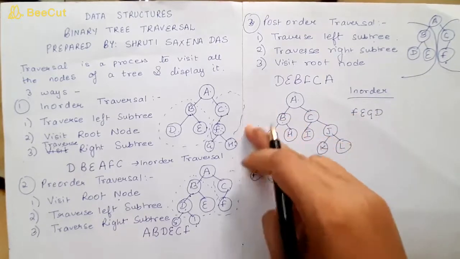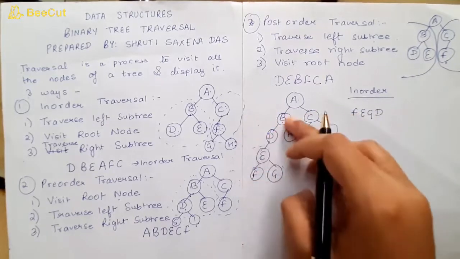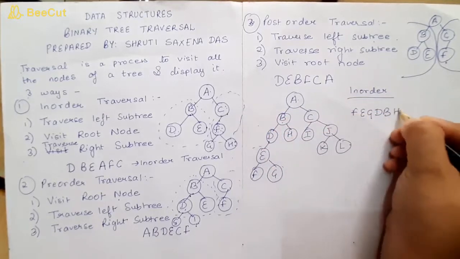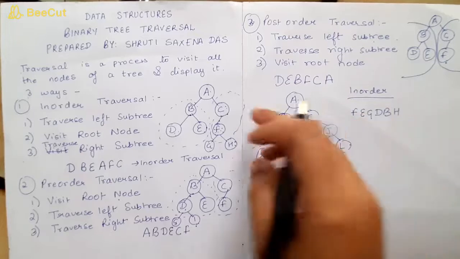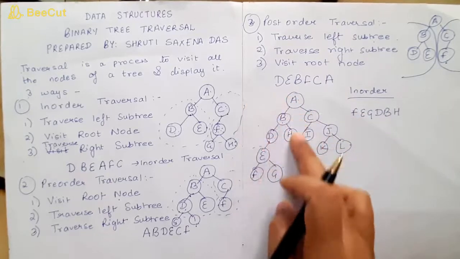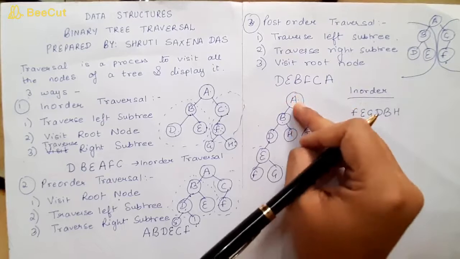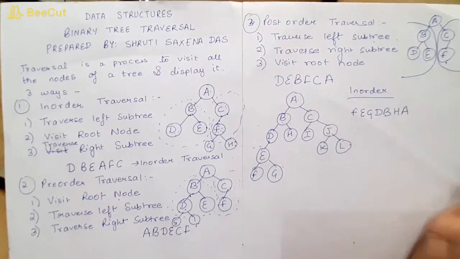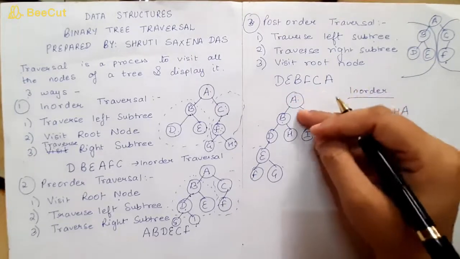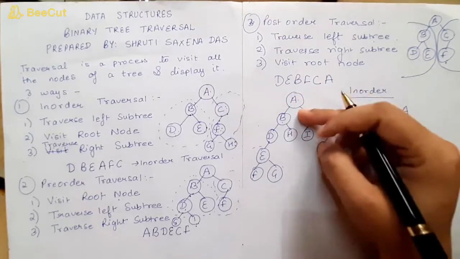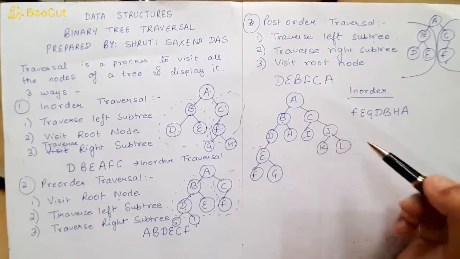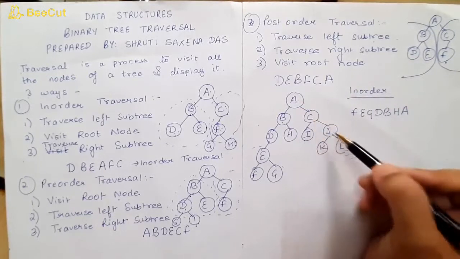Again we'll move on to B. Left part is over. We have traversed D, E, F, G. Now we have to traverse B, which is root, and right, which is H. Now the whole left part is traversed. Now we have to traverse root node A. Then we'll move on to the right part. In the right part, again we have to apply left, root, right.